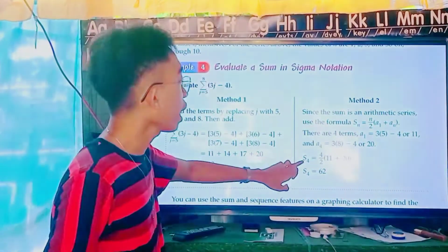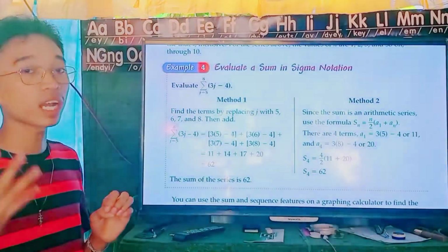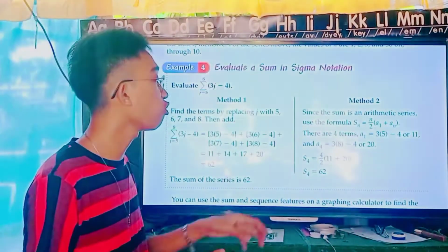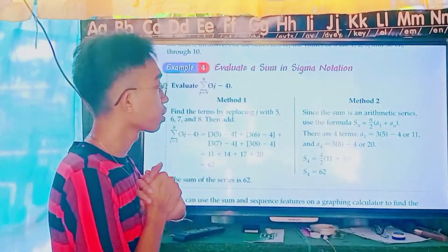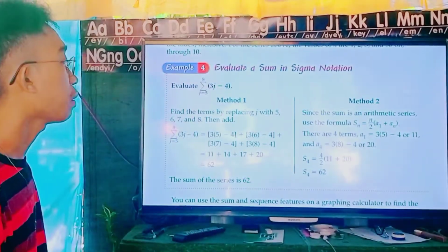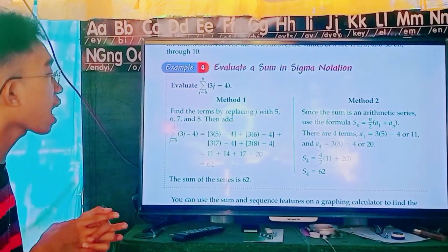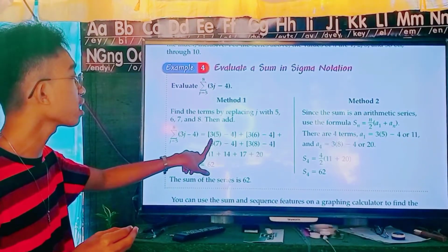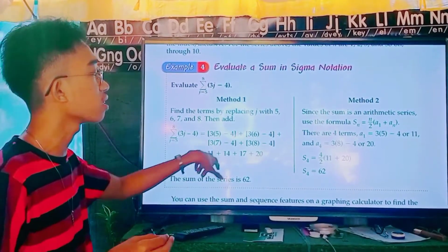So S sub 4, because we only have 4 terms, is equal to 4 over 2 times 11 plus 20. Why 11 plus 20? Because the answer for our first term, 3 times 5 minus 4, is 11.